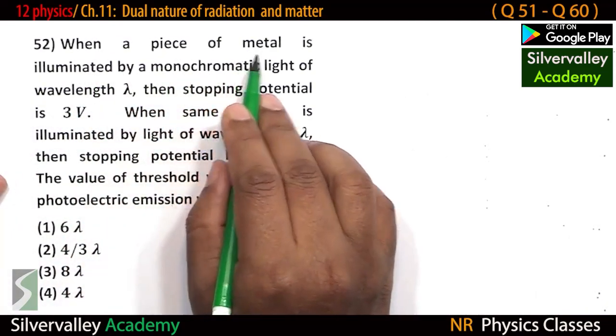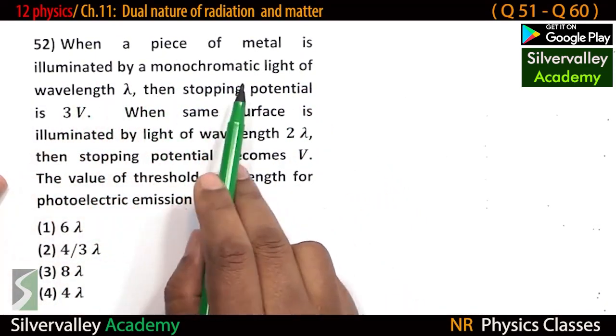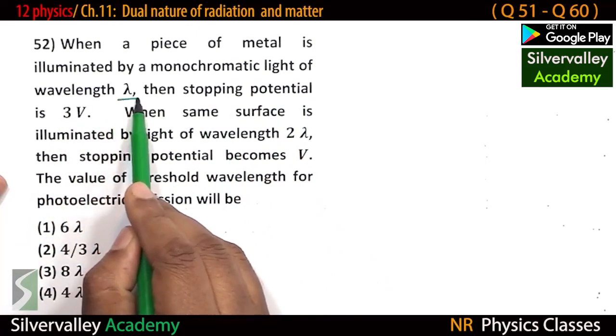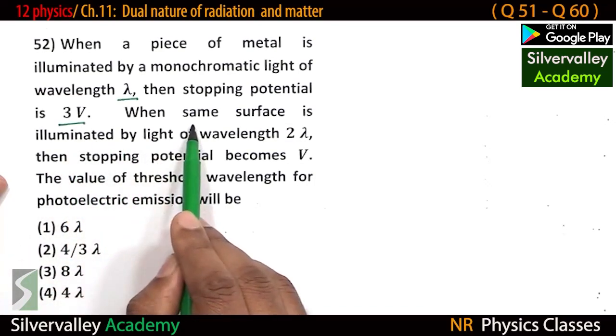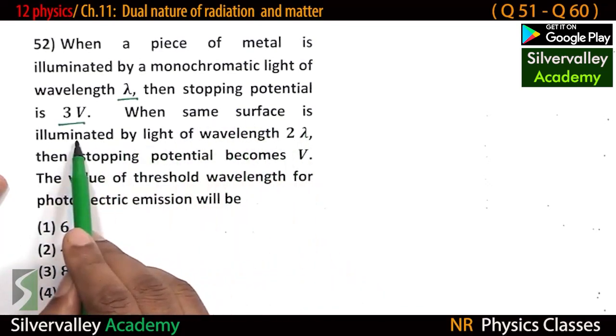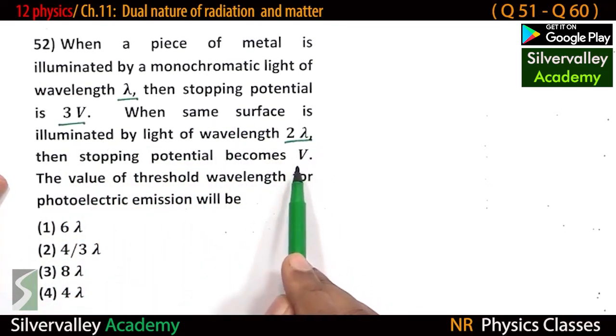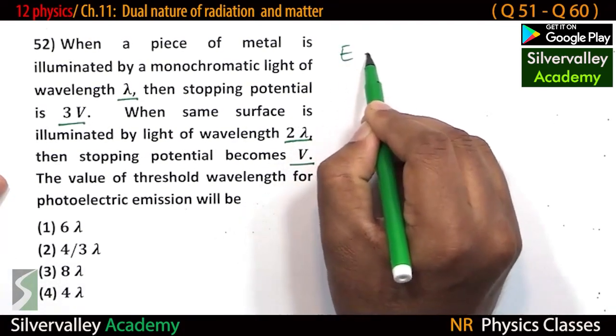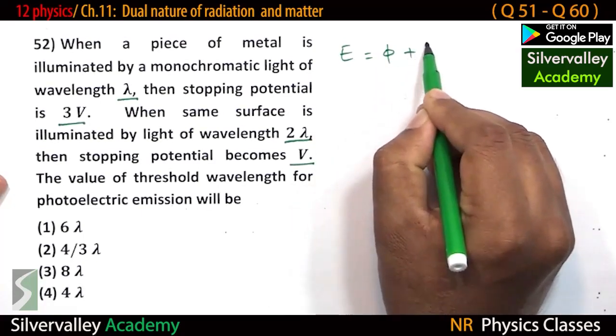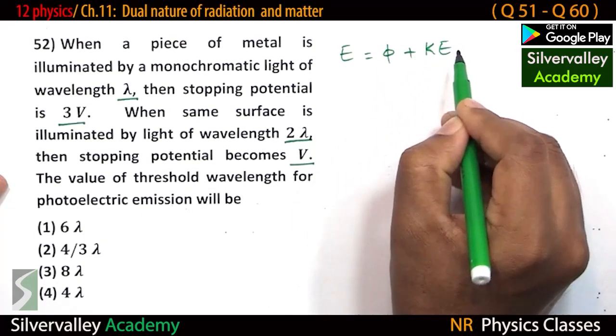When a piece of metal is illuminated by monochromatic light of wavelength lambda, stopping potential is 3V. When the same surface is illuminated by 2 lambda, stopping potential is V. E equals work function plus kinetic energy.